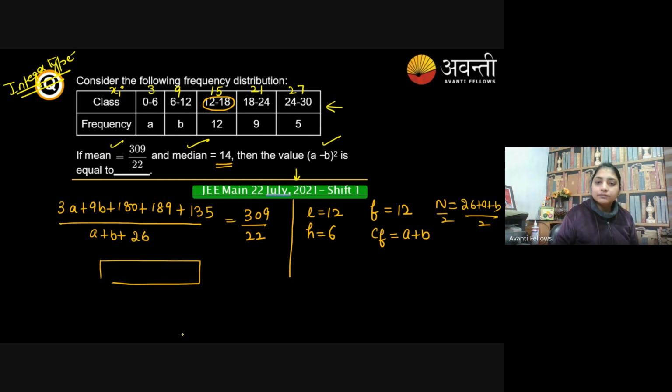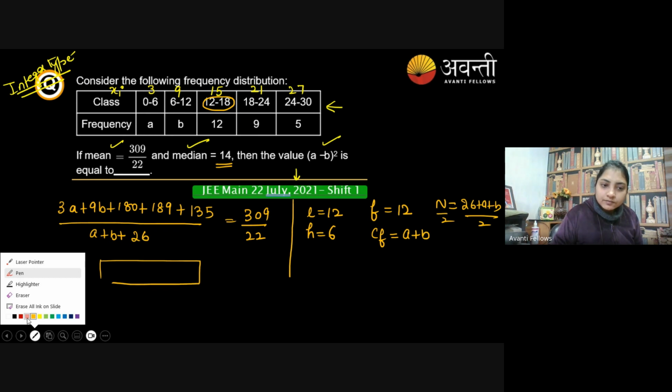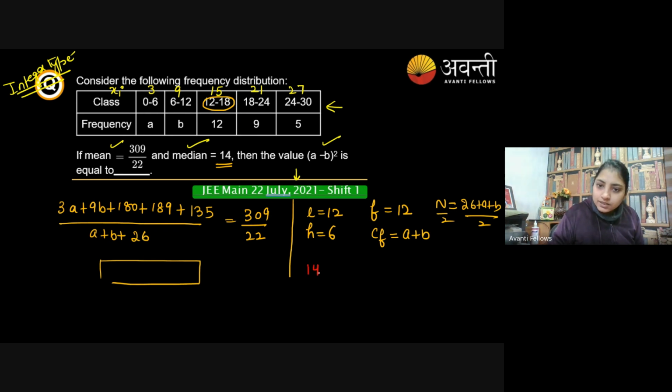Agree, everyone? So 14 equals 12 plus ((26 plus A plus B) divided by 2 minus cumulative frequency (A plus B)) divided by 12, into 6.